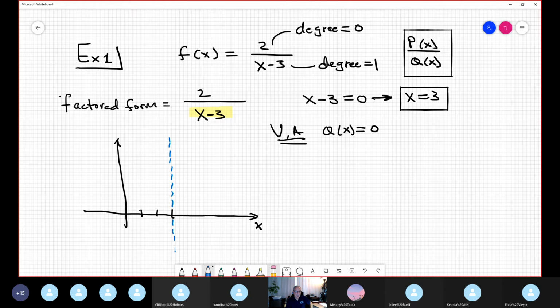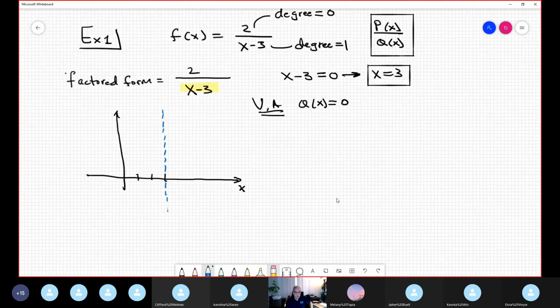And what about the behavior? I have no idea, so I try to investigate. How do you investigate? Well, this is x equal 3, my vertical asymptote. You evaluate. I know that the function evaluated at 3 is undefined. That is the reason that it is a vertical asymptote.